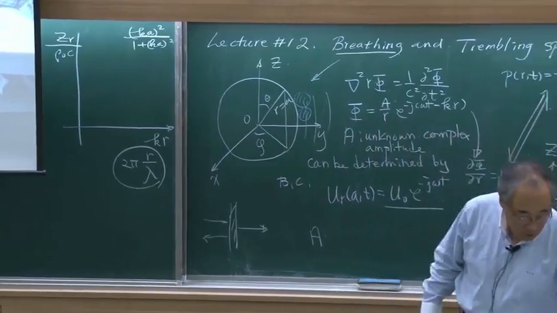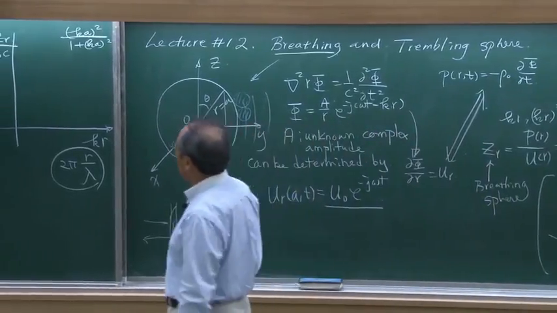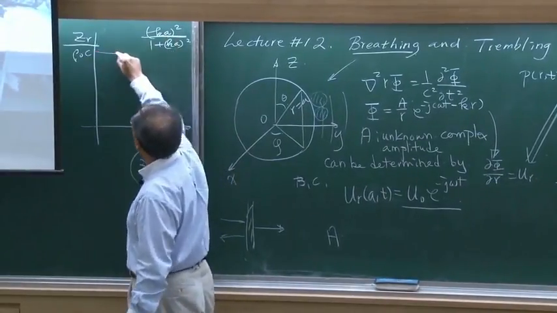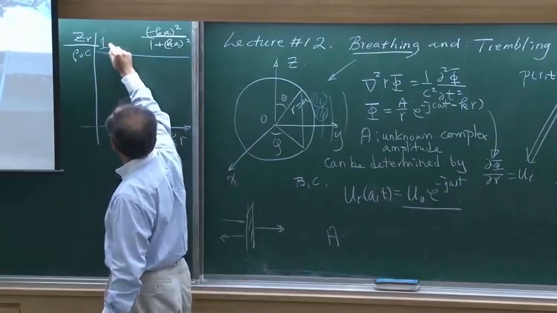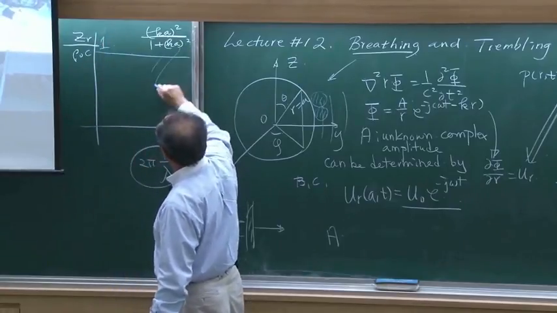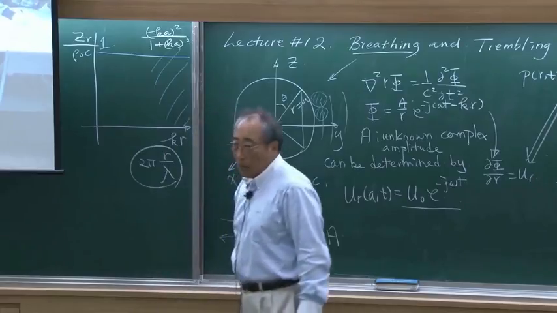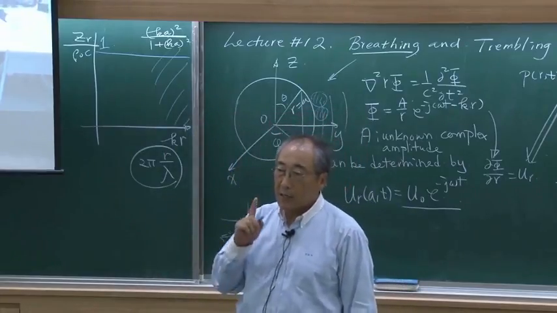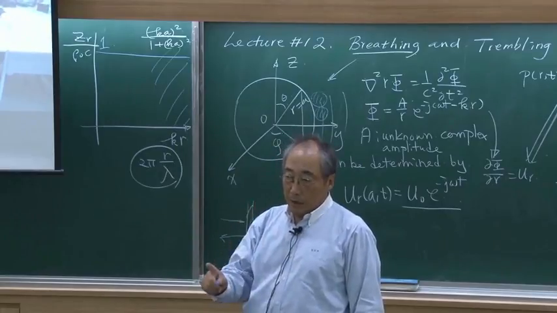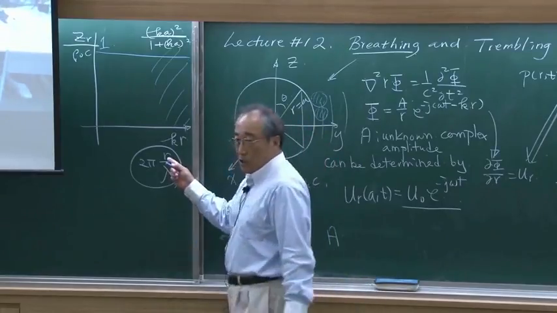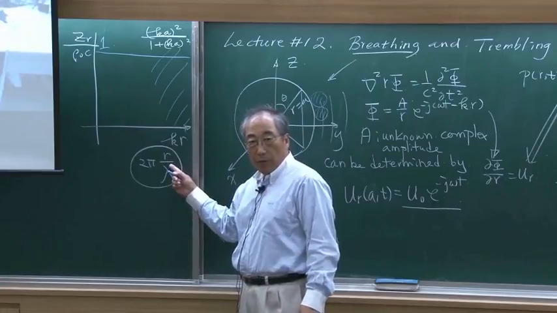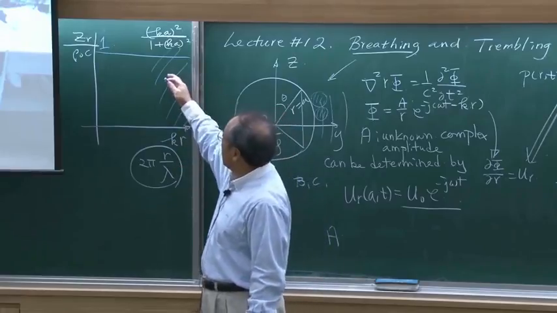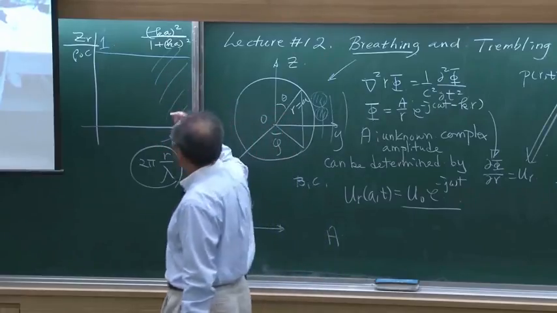Okay, now we observe that as k goes higher and bigger, this value will approach 1. This is 1. So in this region, it approaches 1. That means for the breathing sphere in the far field, meaning that when we are seeing the wave very far away in terms of wavelengths, it behaves as a plane wave.